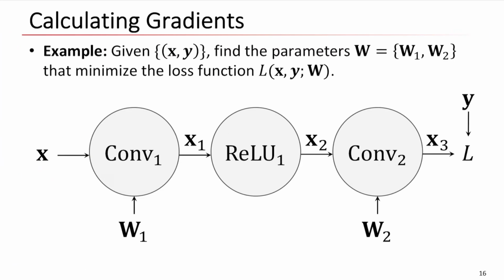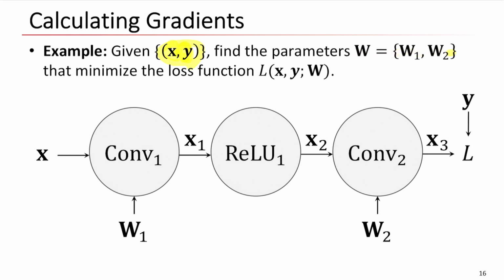So let's see an example. This is a very simple convolutional neural network. Let's say we have the training data set x and y, right? x is the input, y is the output. The problem is to find the parameter w.